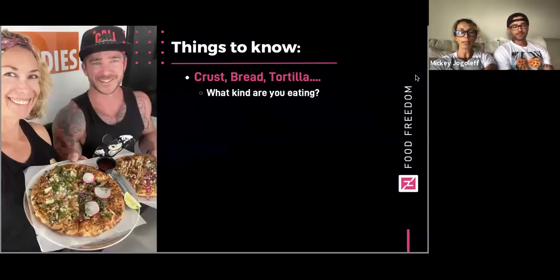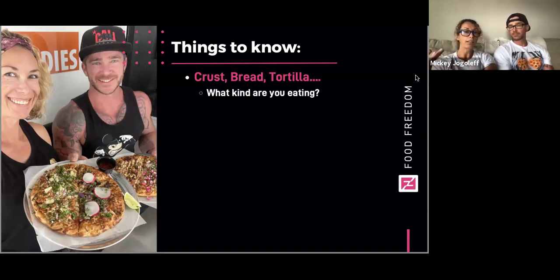When we're thinking about these online estimators and the foods we're estimating, what's going to affect the calories in the estimator I'm choosing? For instance, if we're thinking about pizza, the crust, your sandwich bread, the tortilla. What are you eating?